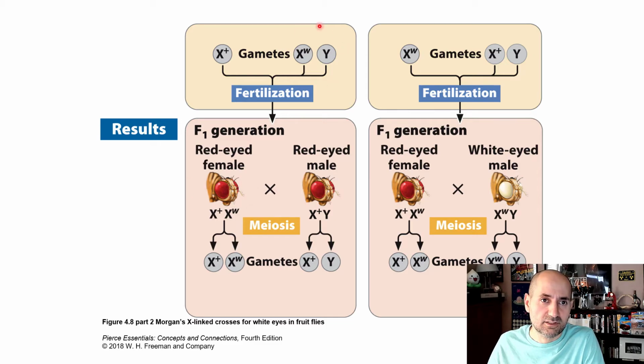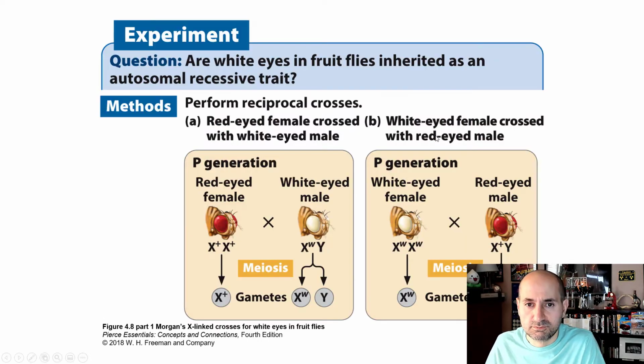On the converse, the wild type female egg met a Y chromosome from the male sperm, and that would also give you red-eyed males. That would also give you the wild type males. So all of the offspring were wild type. Does that make sense? All of the offspring were wild type. But let's look at the reciprocal cross over here.